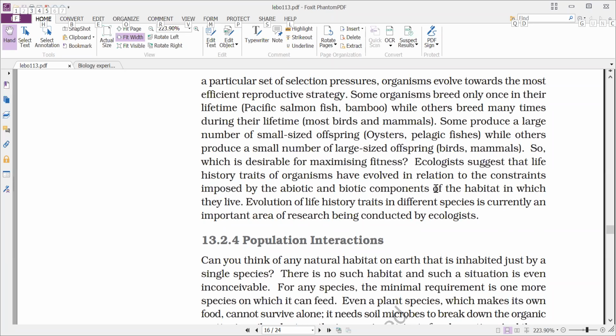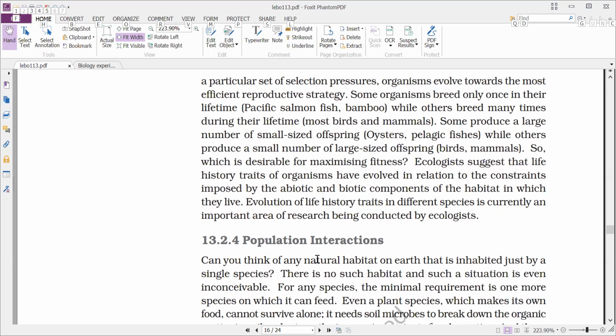Scientists are working on how these traits, the characters exhibited by different organisms, help the organism to survive better in that environment. So the research is going on by the ecologists.